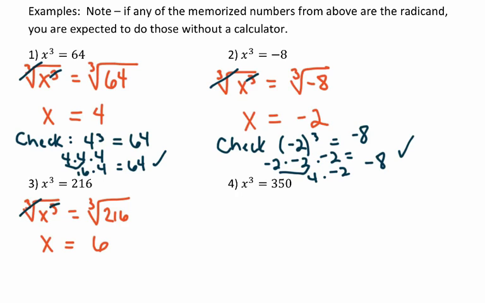Alright, so let's try another one. Number 4 is not a perfect cube, so we're going to get a decimal. So we're going to round to the nearest tenth. So let's put that down here, round to the nearest tenth.